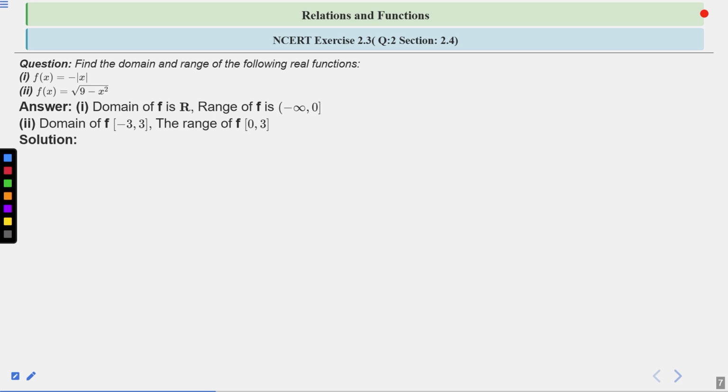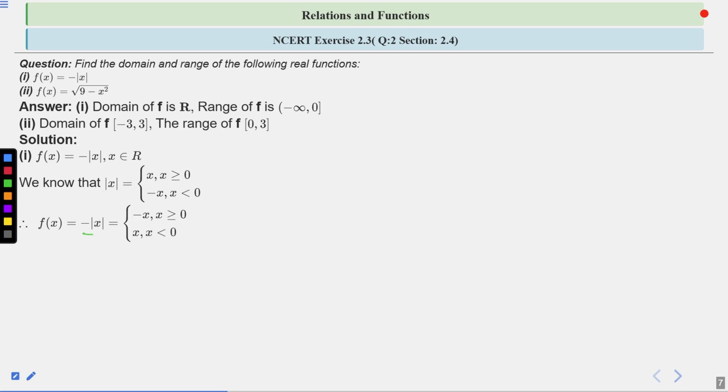Quite simple. f(x) is equal to minus of mod x. This is your modulus function, mod x, the negative of the modulus function. We know that mod x can be written in this piecewise form, that for x greater than or equal to 0, the output is x, and for any negative real number as my input, the output is minus of that negative number.